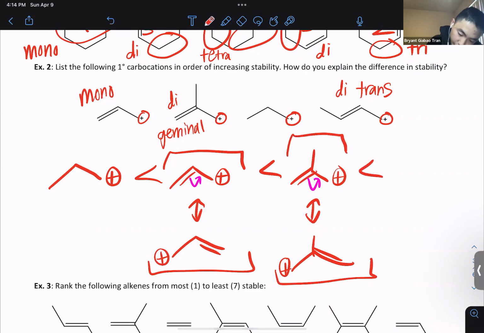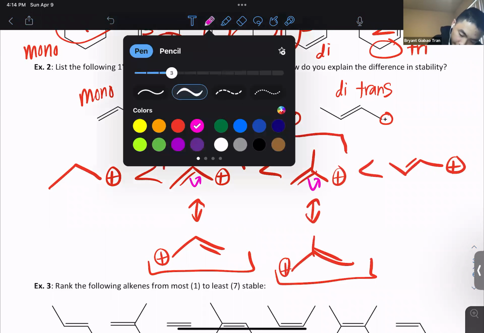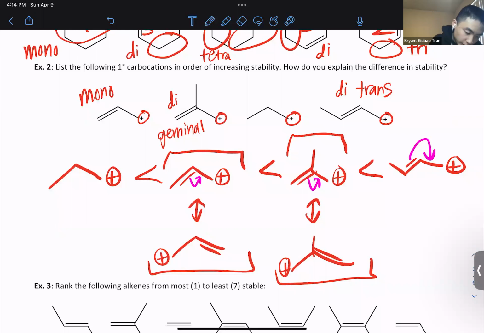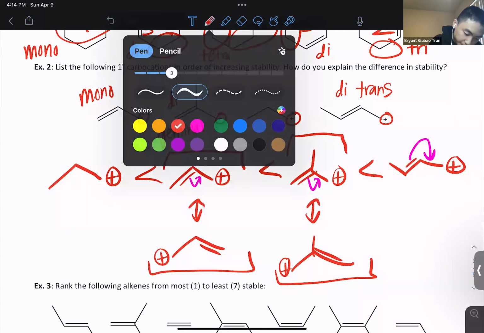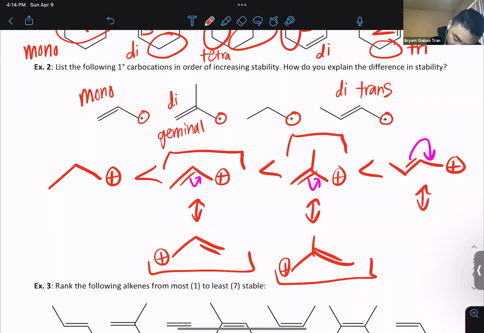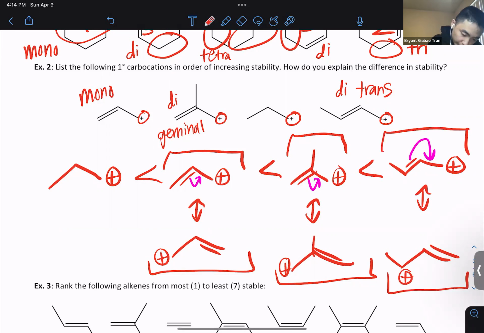And then our most stable alkene is a di-substituted alkene with the primary carbocation that can also do resonance. And we see here in this resonance structure, this primary carbocation converted into a secondary carbocation.